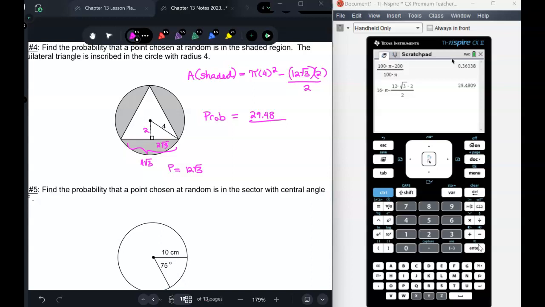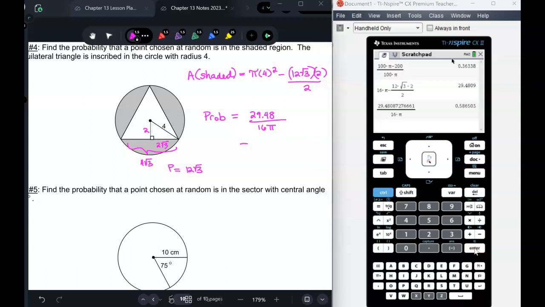Wait, what's the outside region? The circle. What's the area of the circle? 16 pi. So I'm going to just take this answer and divide it by 16 pi. Okay. So 0.586. So I'm going to round to 0.59.